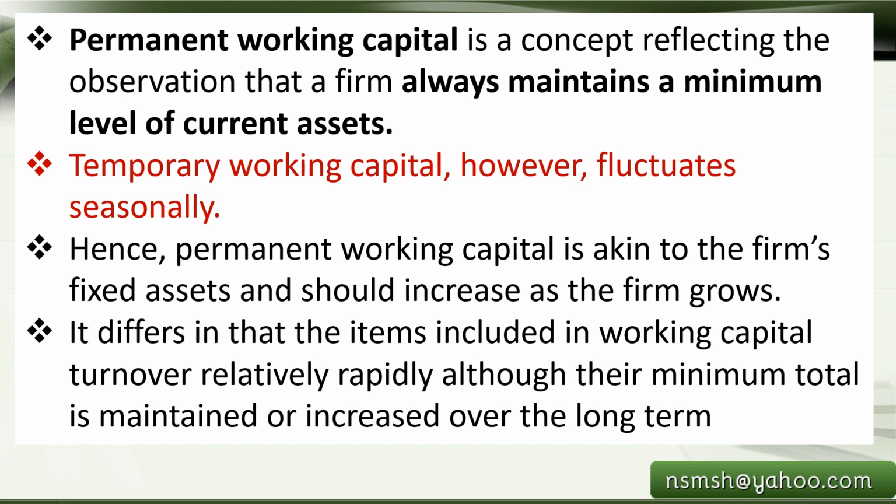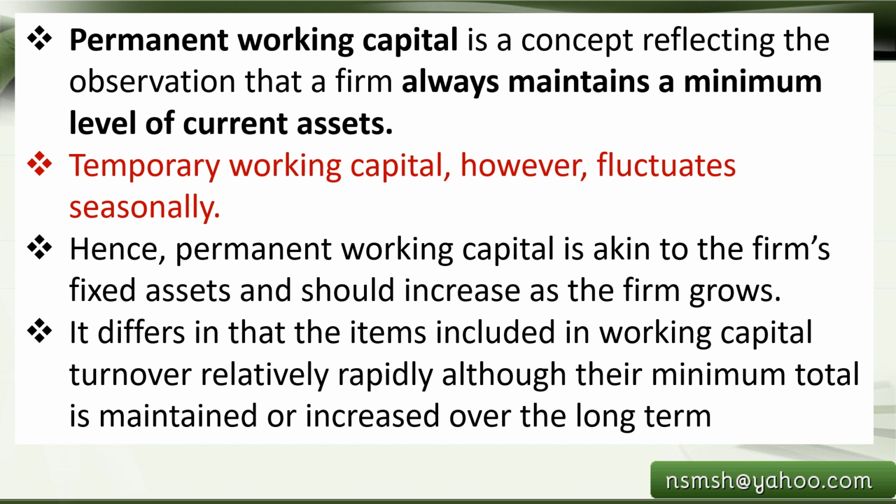Actually, working capital can be categorized by types, like gross working capital, which we saw already. Mainly, that is the total current assets, and then net working capital, that is current assets minus current liabilities, and there is a part called permanent working capital. It is a concept reflecting the observation that a firm always maintains a minimum level of current assets.